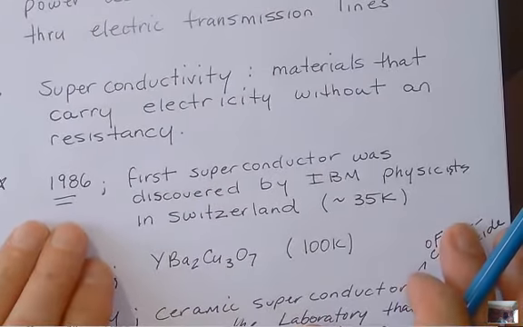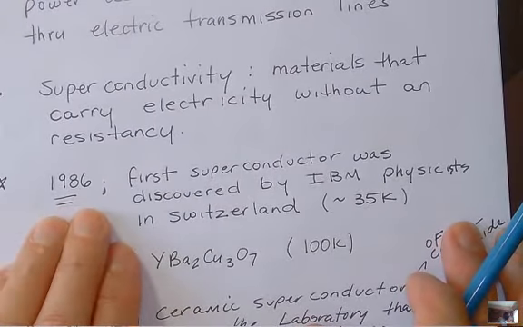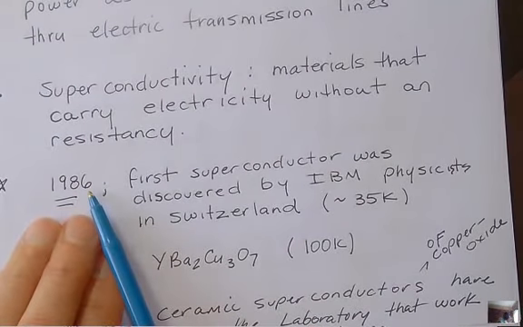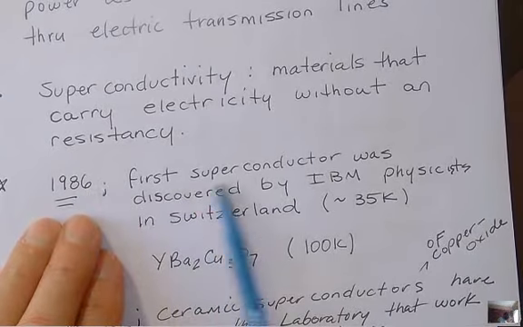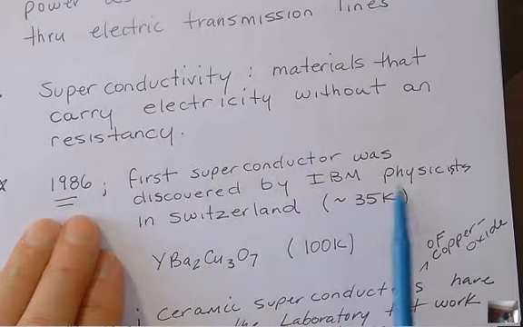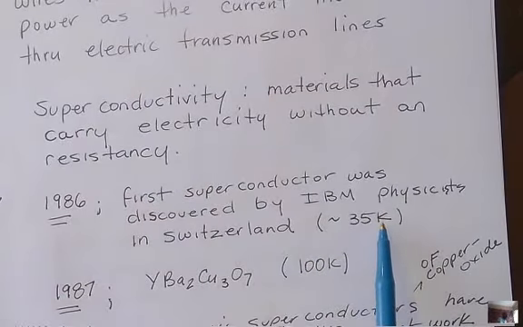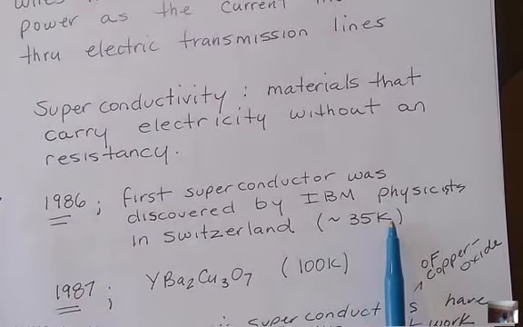Okay, the first superconducting devices were made in 1986 at an IBM lab in Switzerland. The first superconductor was discovered by IBM physicists in Switzerland. You had to go to very low temperatures. They only worked below 35 Kelvin, so they weren't very practical.